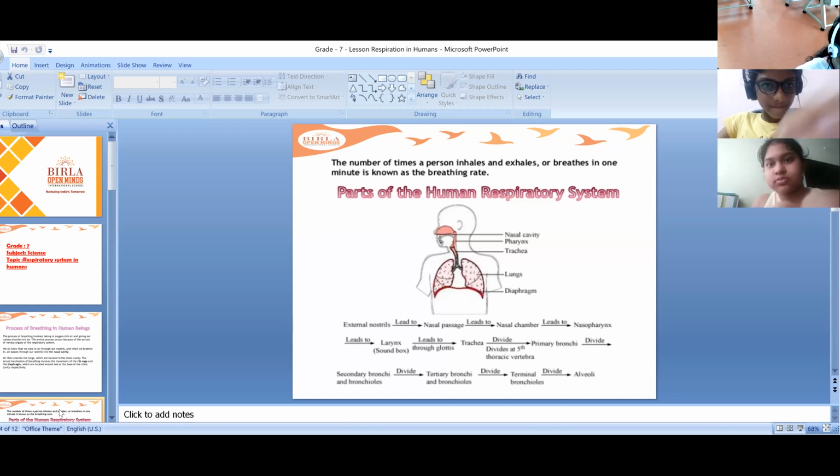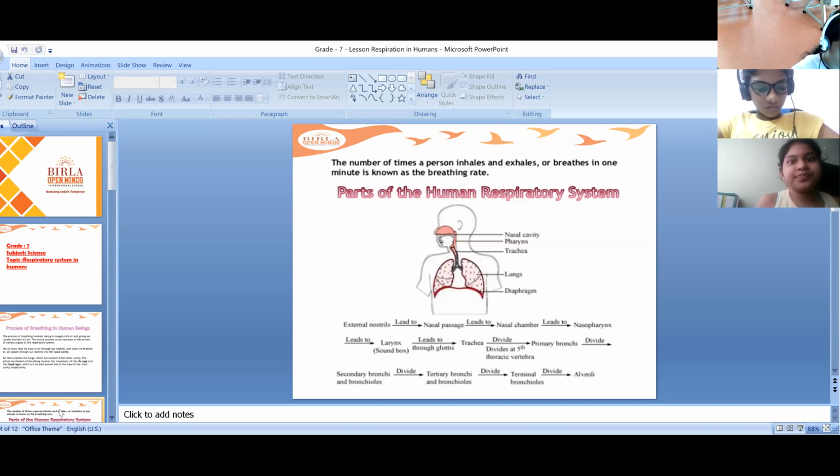and then it leads to the nasal passage, the nasal chamber, and the nasopharynx, and then to the larynx, which is called the sound box, and then the glottis and trachea.